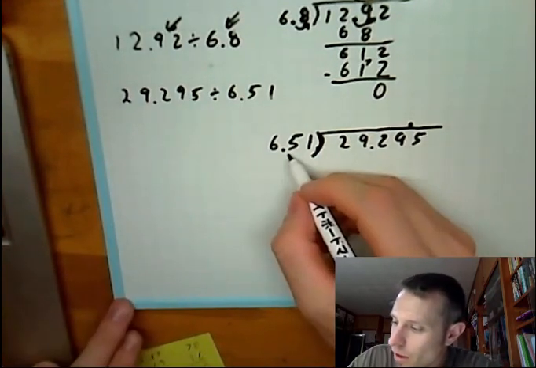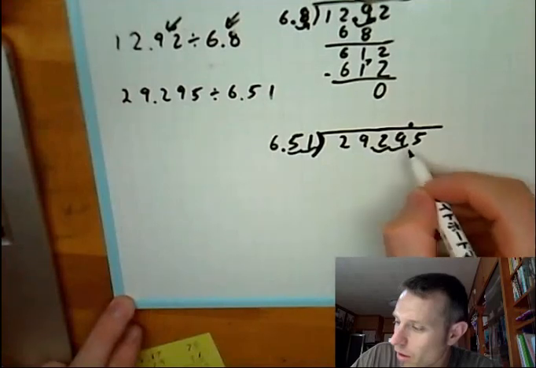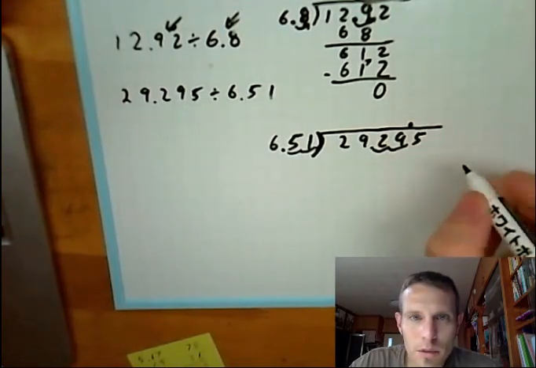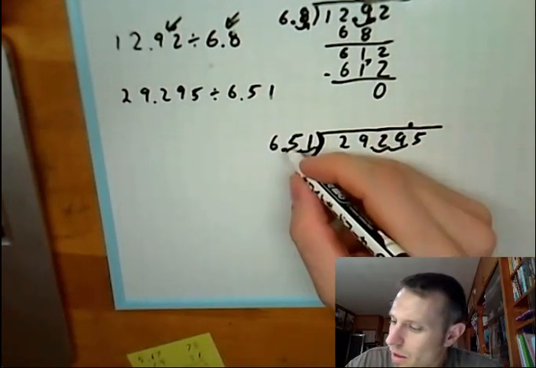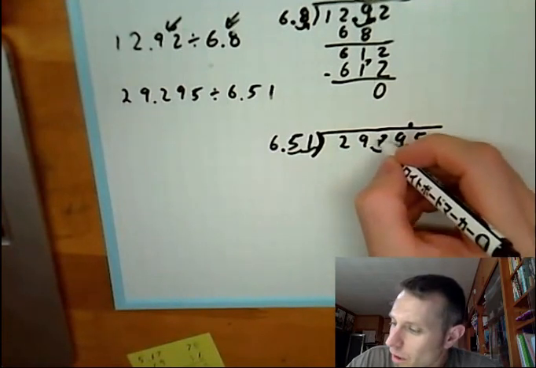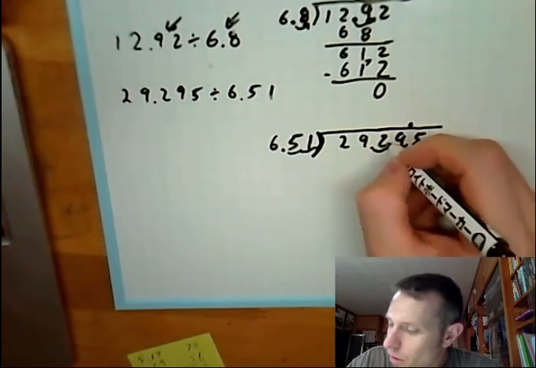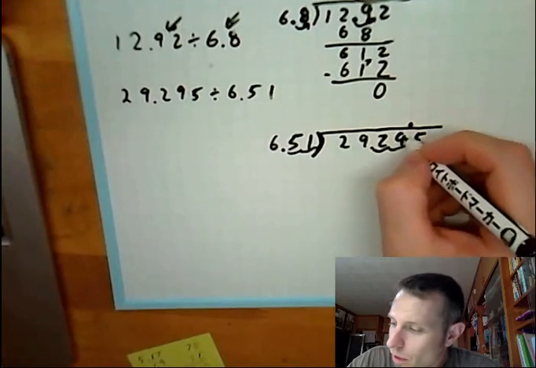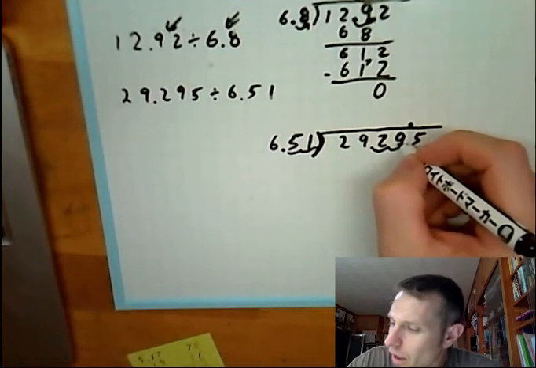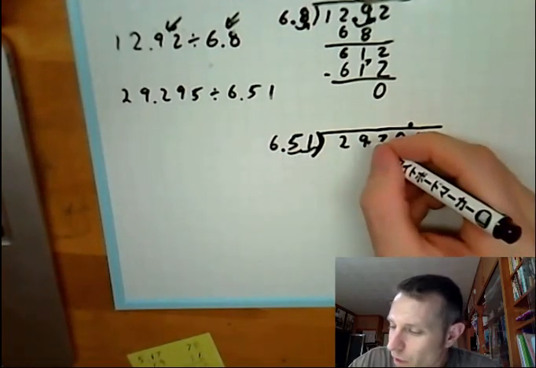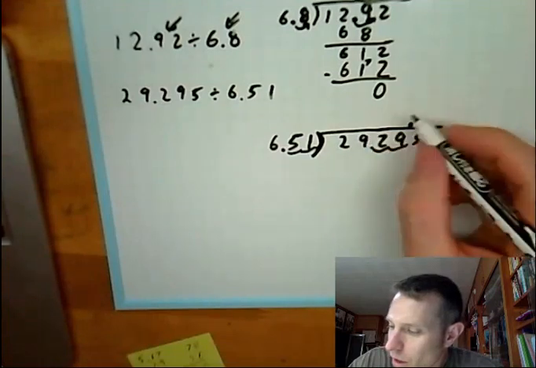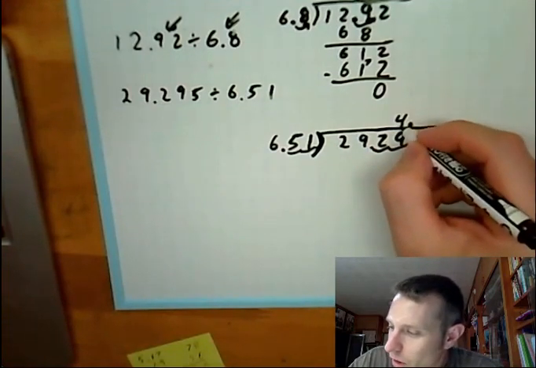Now, after you do that, you can kind of ignore the other decimals because now we know where it is going to be on our answer. 651 cannot go into 29, cannot go into 292, so we're going to have to go all the way over to here. And let's see, 6 approximately into 29. That's going to be about 4 times.